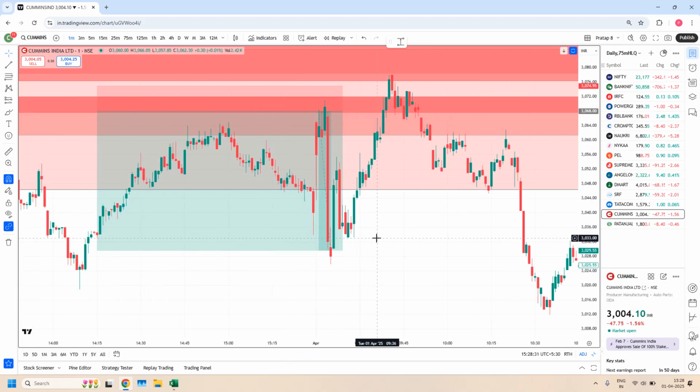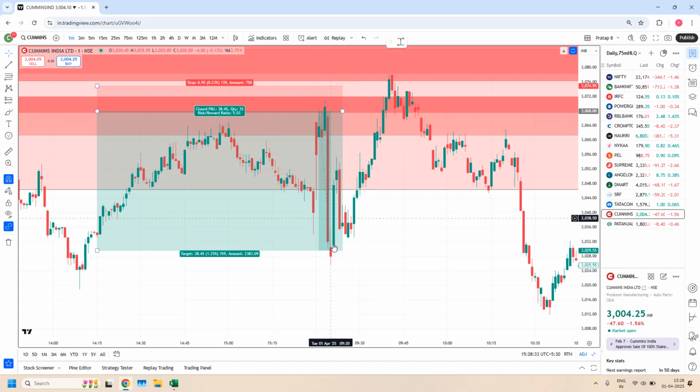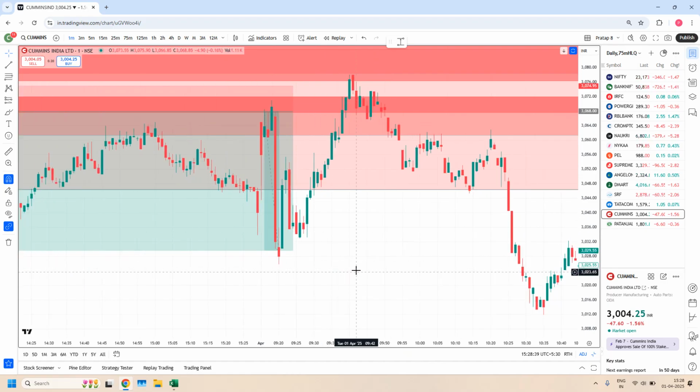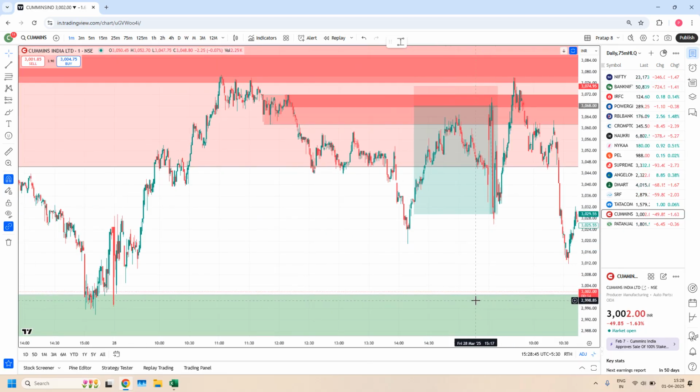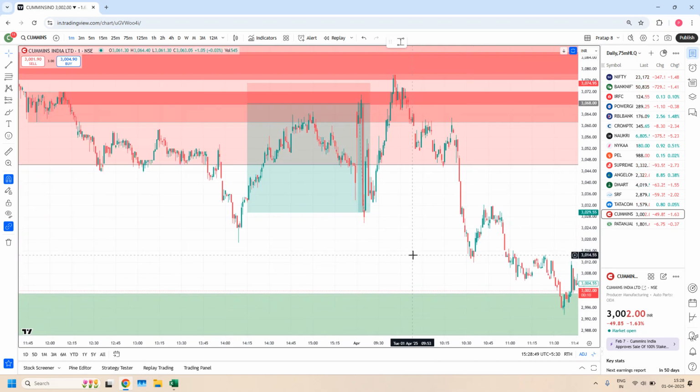Okay, from our performance point of view, 1:5 I am calculating, minimum 1:3. If it gives 1:5 RR, I will consider it for the performance statistics. First, I always give preference to the 15 minutes target, whether it is achieved or not. If it does not achieve, 1:5 achieved or not. If 1:5 is not achieved, minimum 1:3 achieved or not.